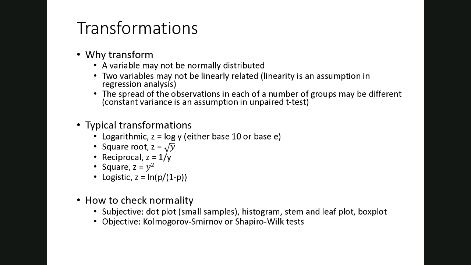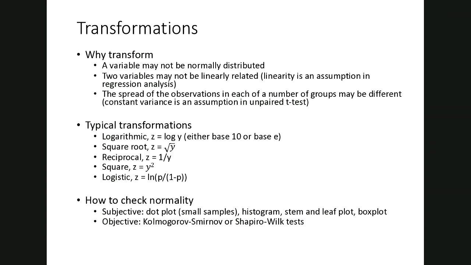There is an assumption in regression analysis that the data has to be linear. If they are not linear, and we think that they are interrelated, then we have to transform one of the variables to have normal characteristics. And then in the test of spread, which is the unpaired t-test, we try to convert that to normal. So these are the scenarios where we try to fit the data to be normal.